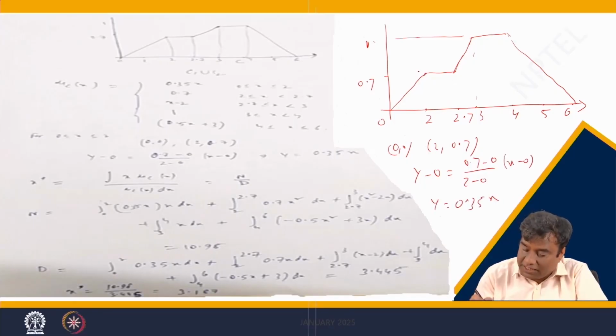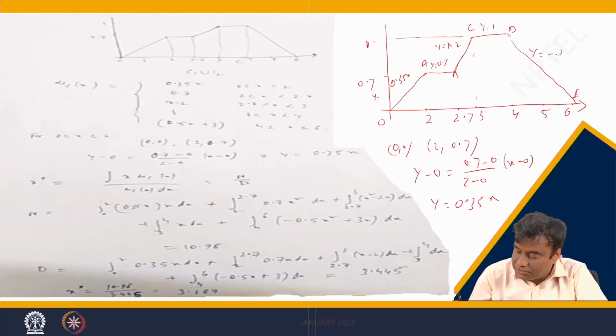If we name the points O to A, then A to B, then B to C, C to D, D to E, the lines are: y equal to 0.35x, y equal to 0.7, y equal to x minus 2, y equal to 1, and y equal to minus 0.5x plus 3.